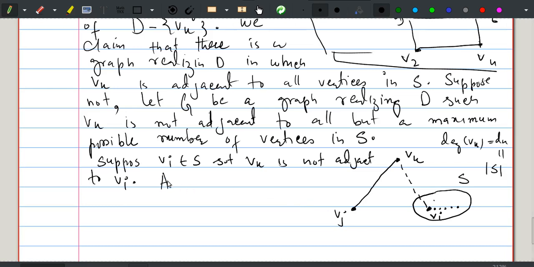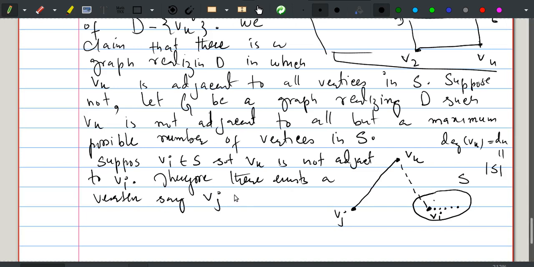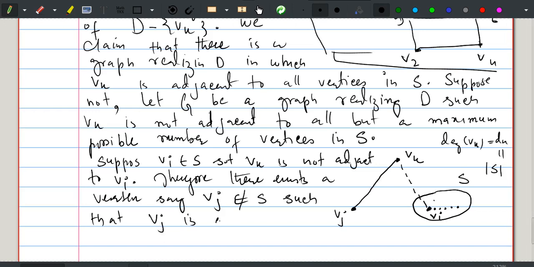Also, therefore there exists a vertex, say Vj, not in S, such that Vj is adjacent to Vk.